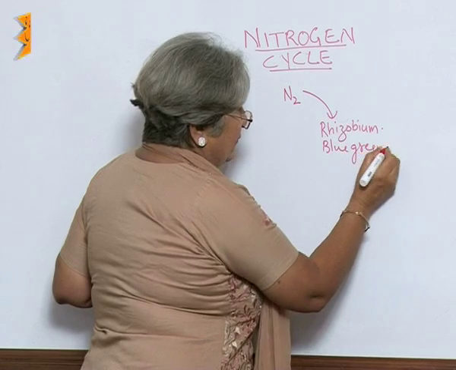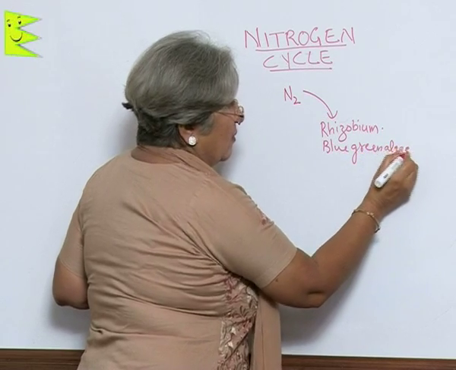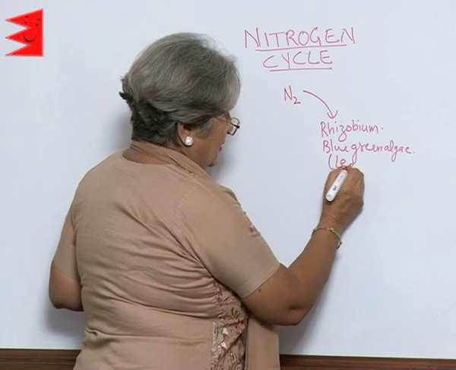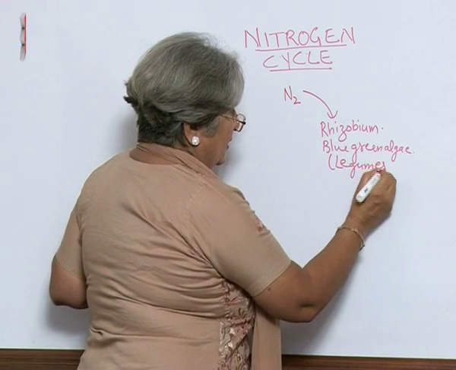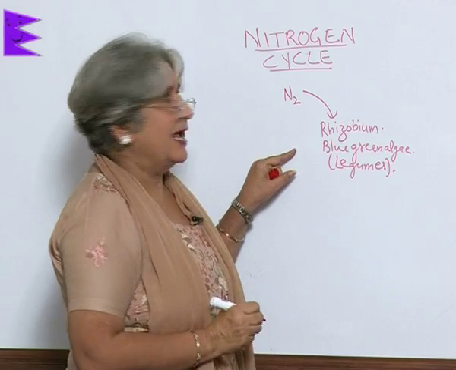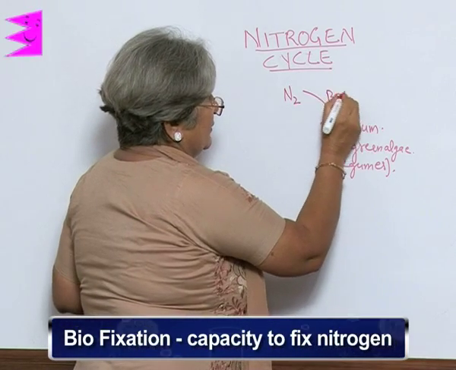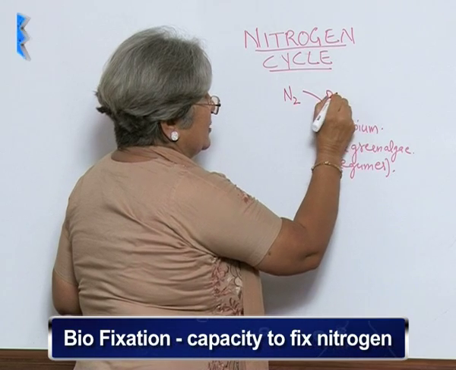They either live free in the soil or they are in leguminous plants. These organisms have the capacity to fix nitrogen. This is called biofixation.